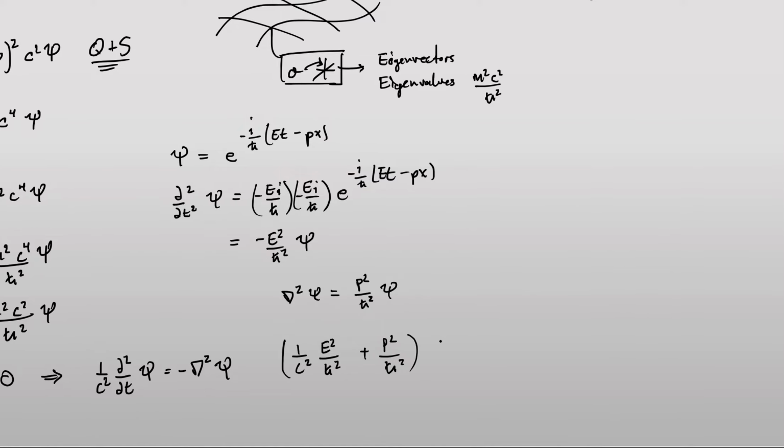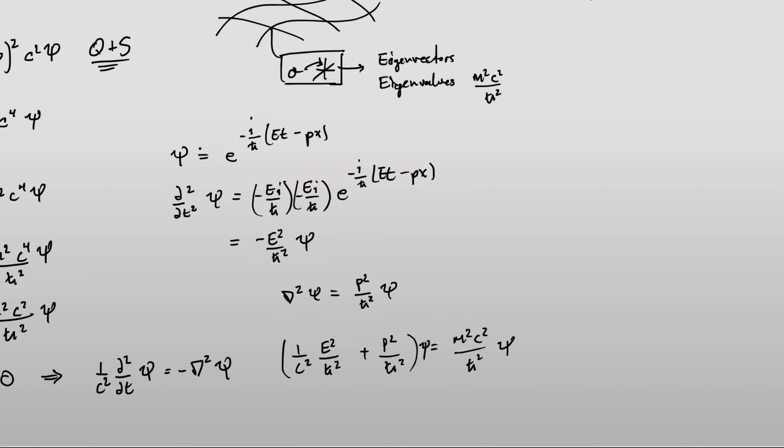We have that equal to m squared c squared over h bar squared psi. And we can see that we actually get our Klein Gordon equation back. So this wave is a solution to our Klein Gordon equation.